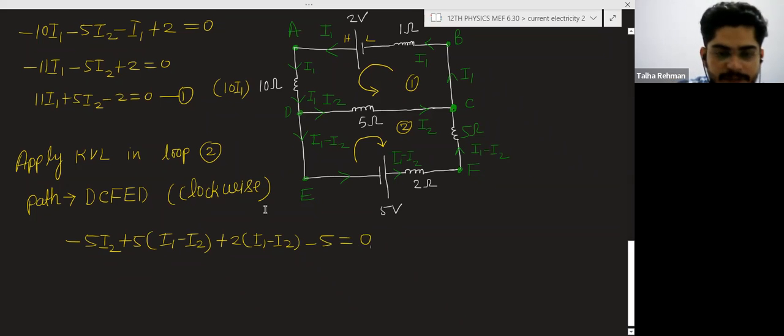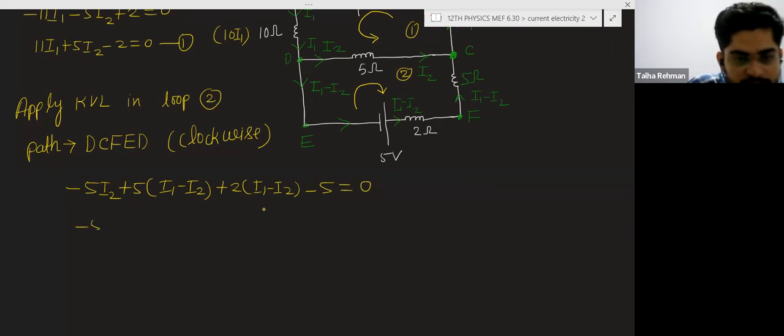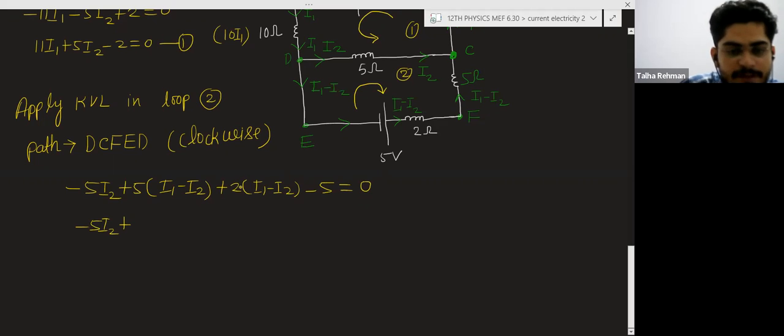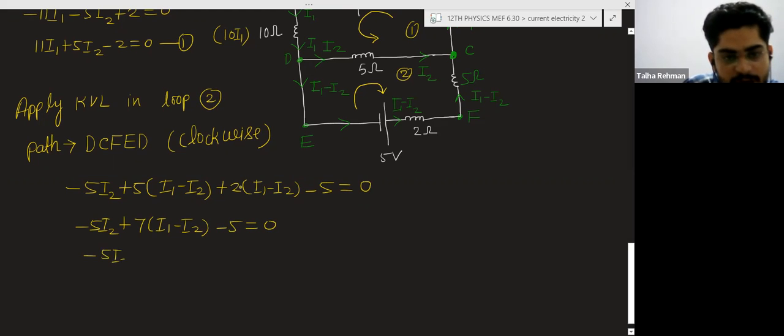So when you solve this equation, this is minus 5 I2. Here you will get 5 plus 2, 7 times I1 minus I2, minus 5 equal to 0. So this is minus 5 I2 plus 7 I1 minus 7 I2 minus 5 equal to 0.